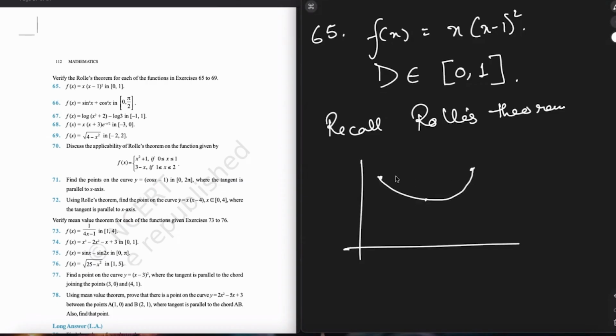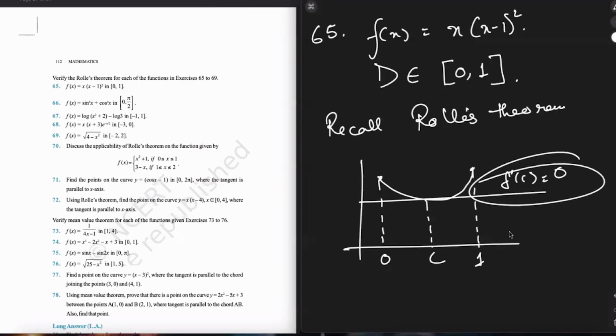At one point between 0 and 1, there will be a point c such that f dash c is equal to 0. This is your Rolle's theorem.